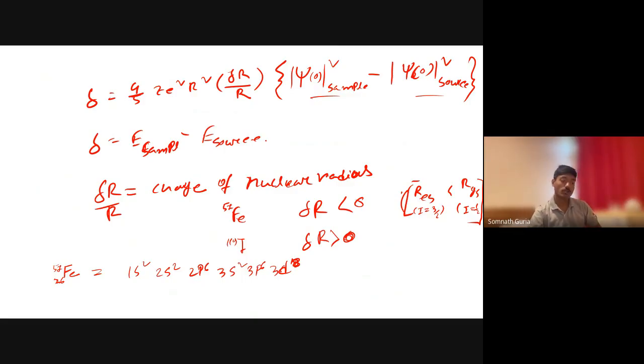So the electron density at the nucleus, which is responsible for the iron Mossbauer signal, comes only from the 3s orbital, not the 4s orbital.